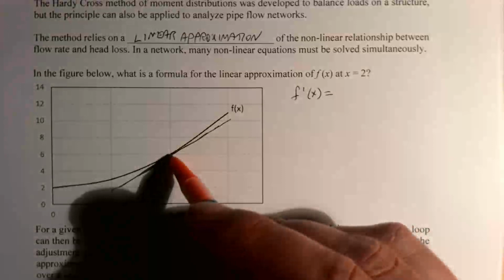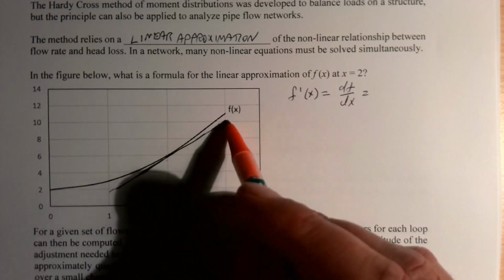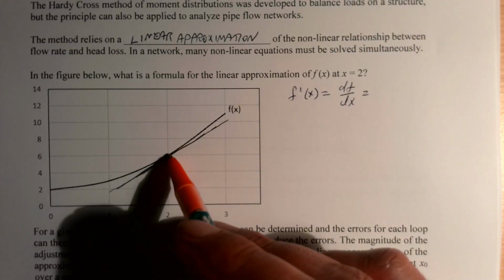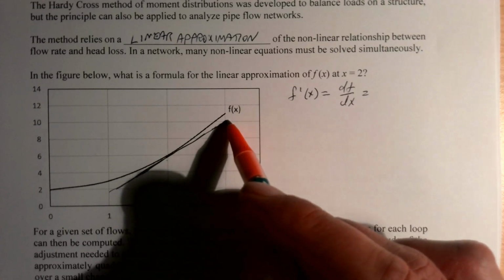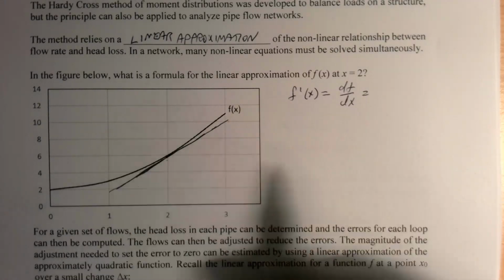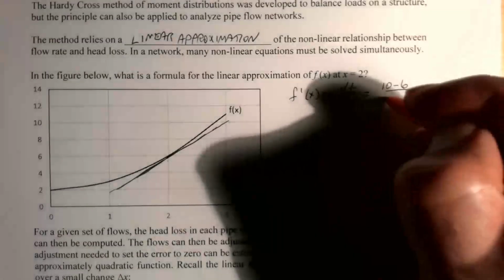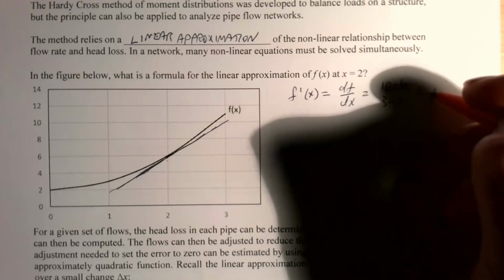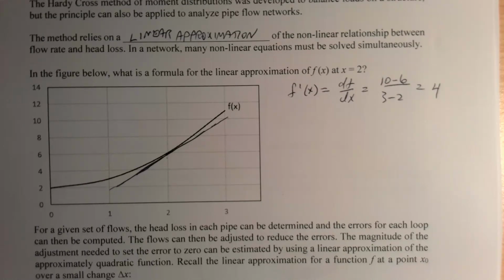At x equals 2, f prime, which is df dx, the slope, is equal to the change in y over the change in x. You can see here that it goes pretty much through this point at 6, and then through this point at 10. So this is going to be 10 minus 6, and then the change in x here is 3 minus 2. So that means we get a slope of about 4 for this line. That's going to be our approximate derivative.